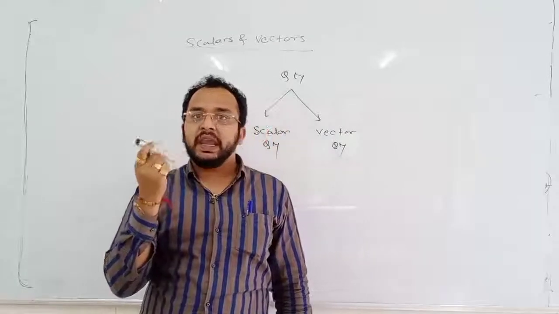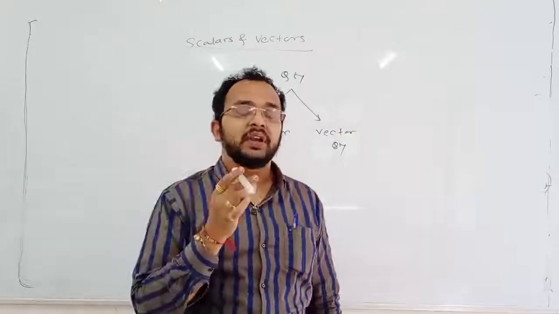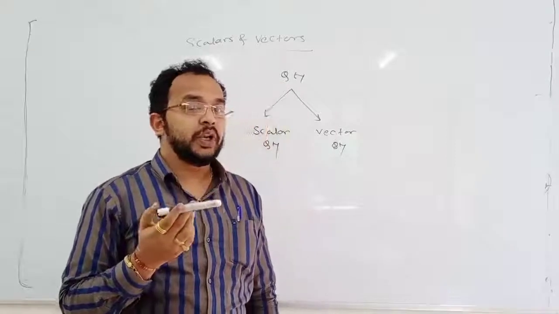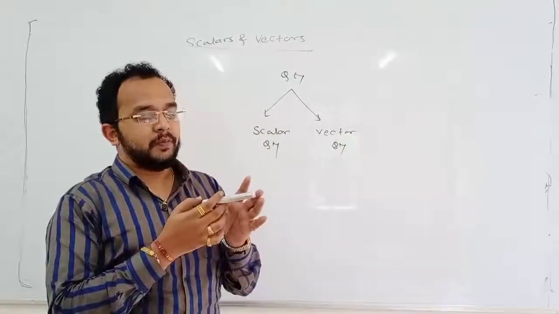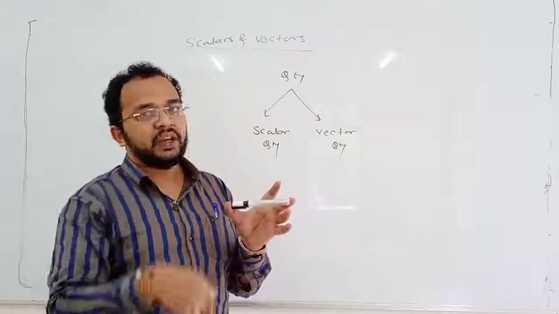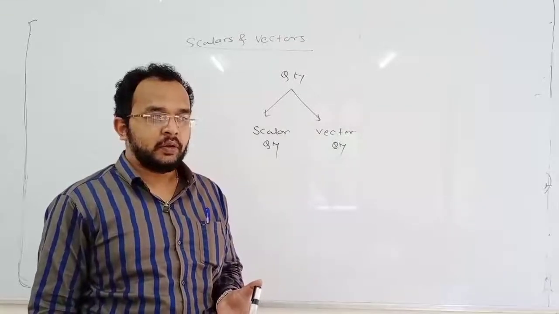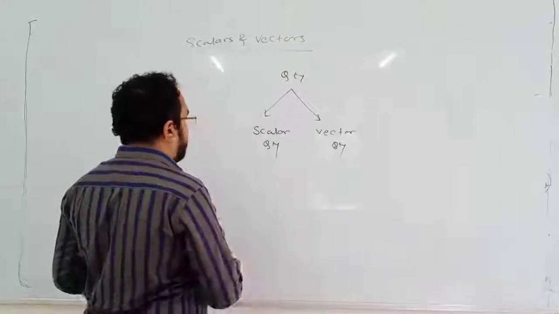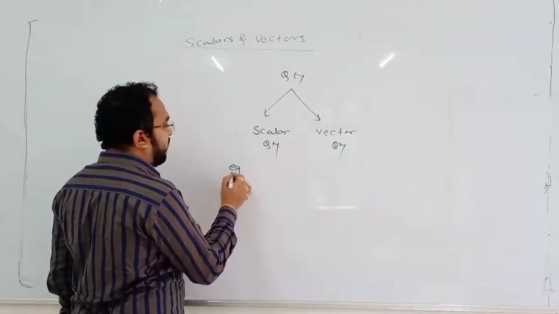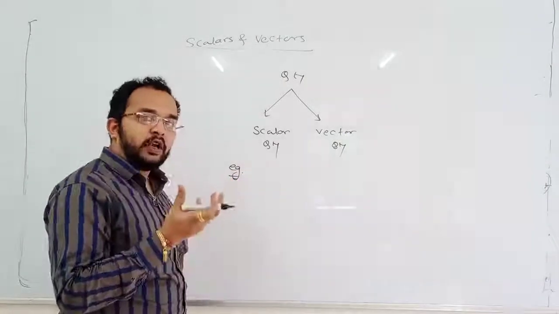So this length doesn't require direction. No need to write it. Saying the length of this pen is 15 meters in north, no need to write that. So only the magnitude, only the value is required.